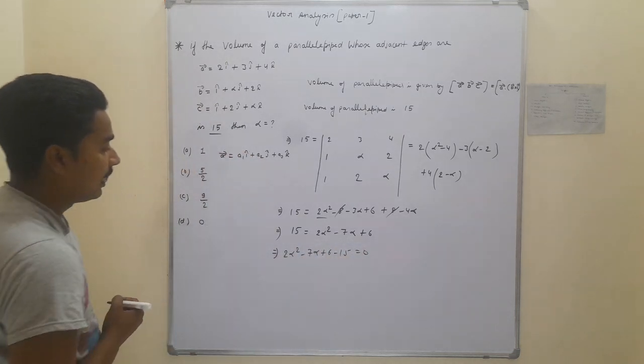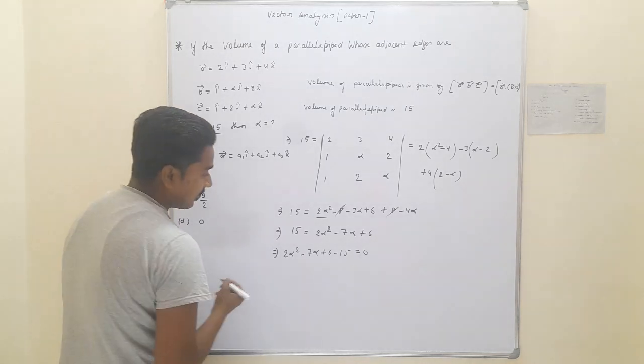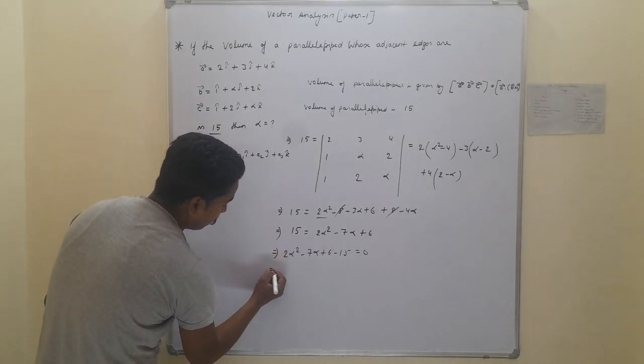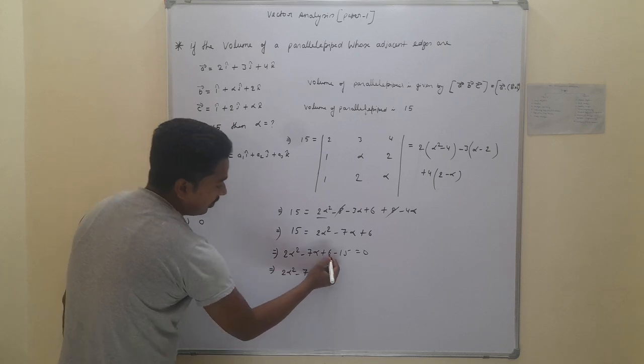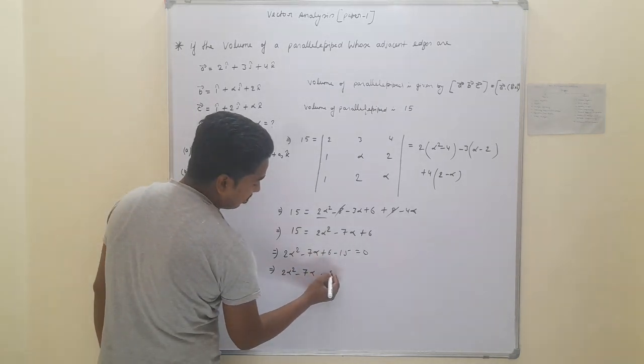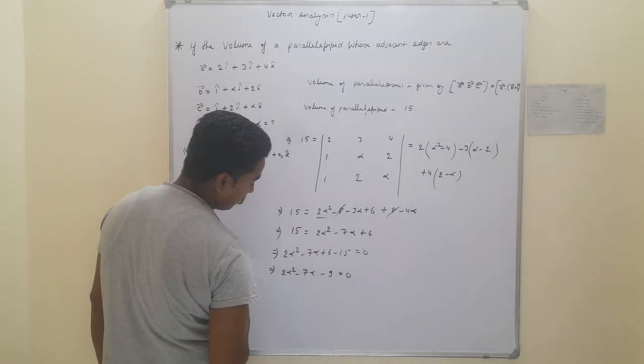From here, 2 alpha square minus 7 alpha, and 6 minus 15 is minus 9, equal to 0.